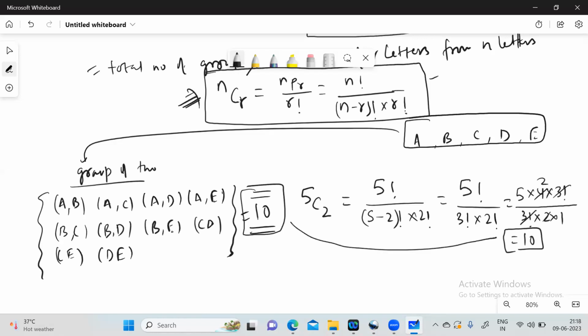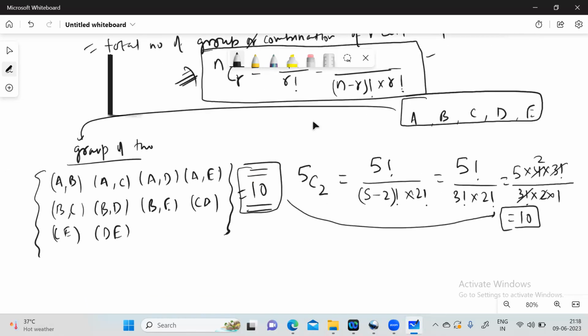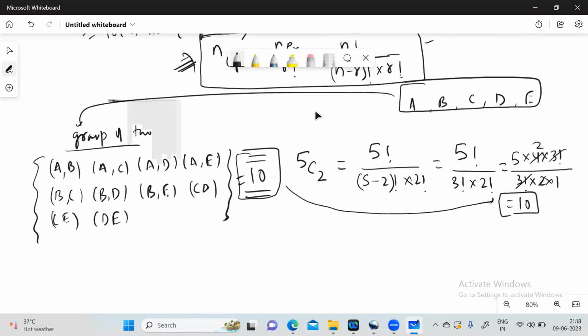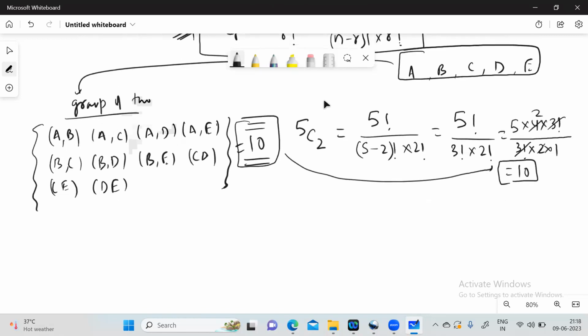Now you can understand the difference between permutation and combination. You can easily see that each group here, AB, can be arranged in 2 ways, AB and BA.